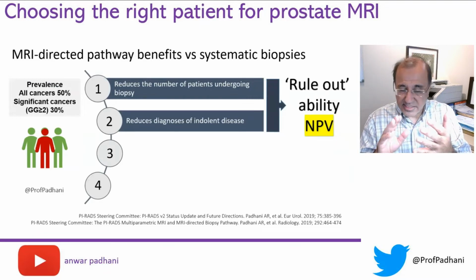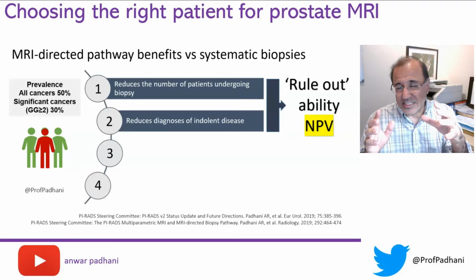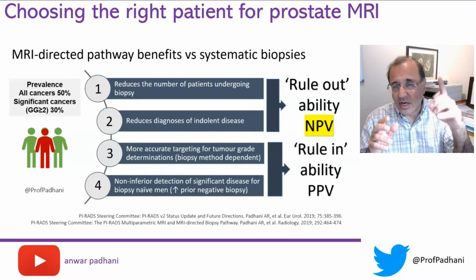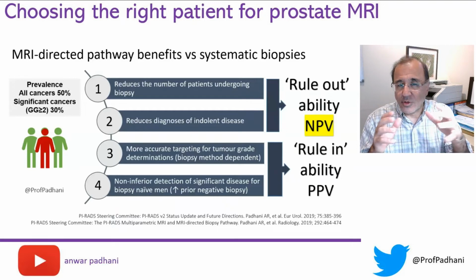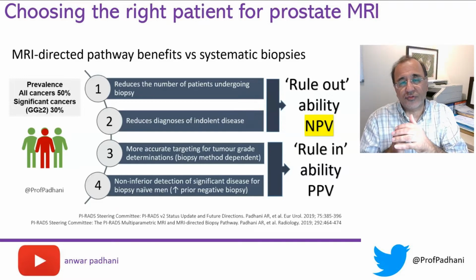So I hope that now you appreciate the data underpinning the use of MRI for prostate cancer diagnosis. As I've stressed, the reduced numbers of patients undergoing a biopsy and reduced diagnosis of indolent cancers is related to its negative predictive value. The variability in the negative predictive value is highlighted over here within this video, but today I want to discuss how the negative predictive value is dependent on the prevalence of disease.